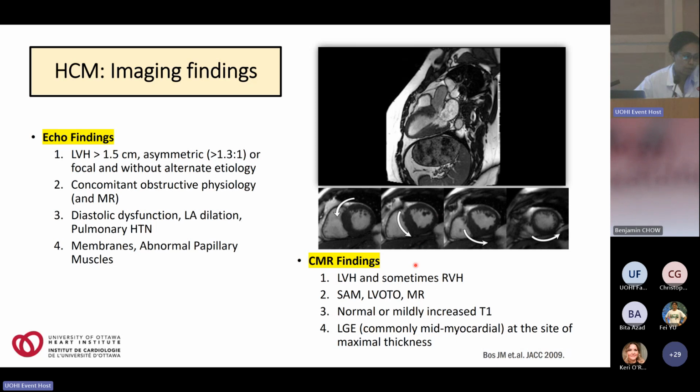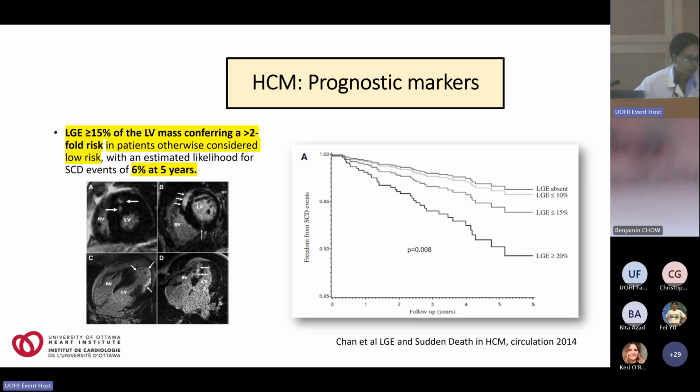But otherwise, the LVOT obstruction or gradient estimation is preferably done with echo, although on MR we can also appreciate when there's LVOT obstruction, as you can see by this increased jet at the LVOT area, and with SAM and mitral regurgitation. We can also sometimes appreciate abnormally inserted papillary muscles and so on.